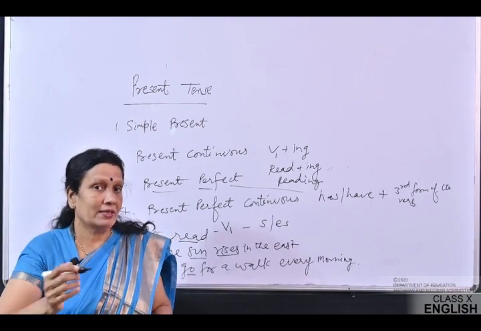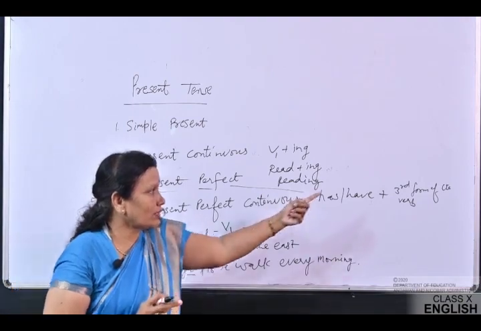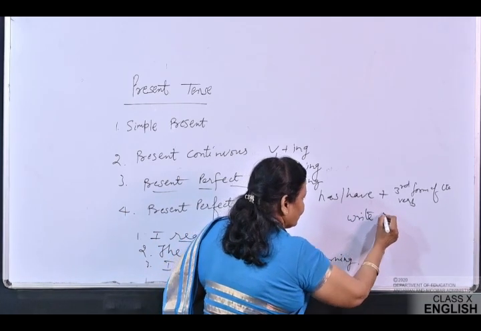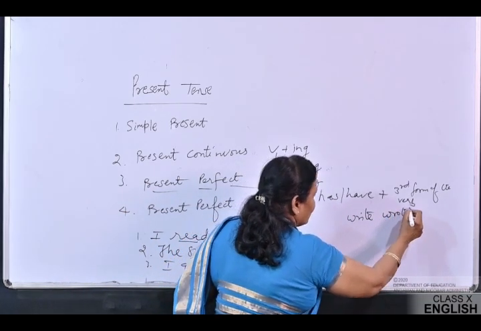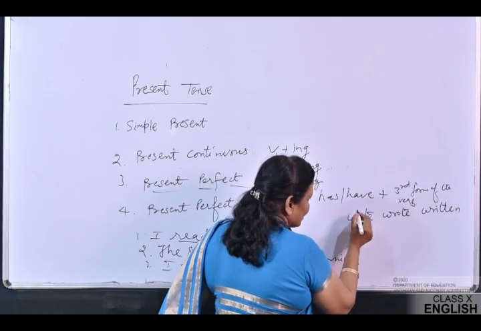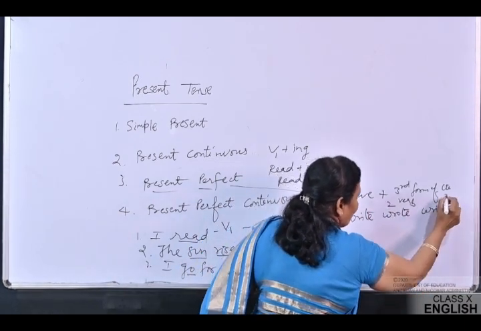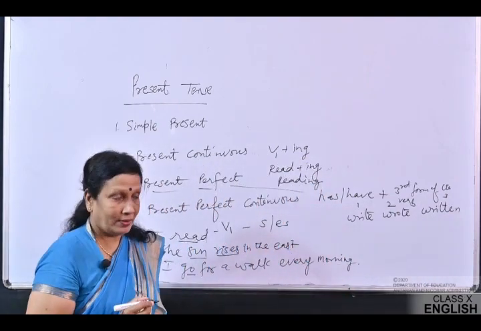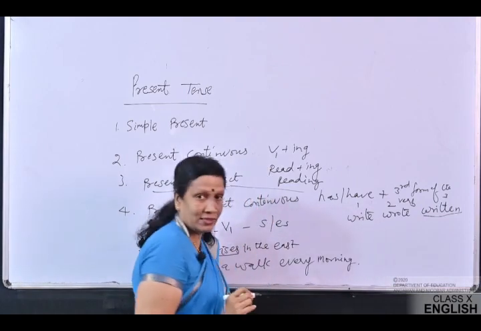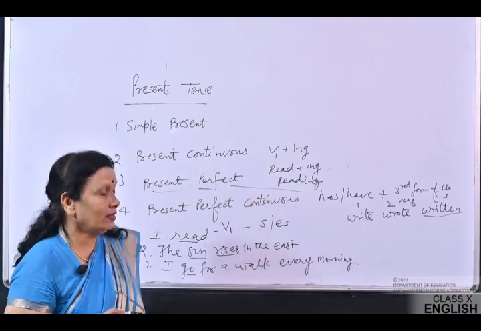I have written a letter, and I told you the third form. Okay, see, saw, seen... write, wrote, and written. So this is the first form, the second form, and the third form. So in the perfect tense you always use the third form. I have written a letter.